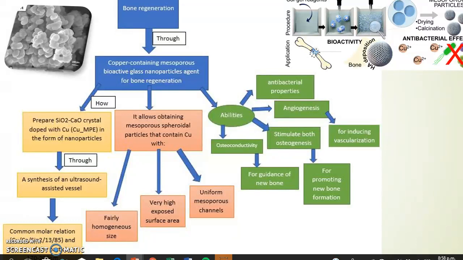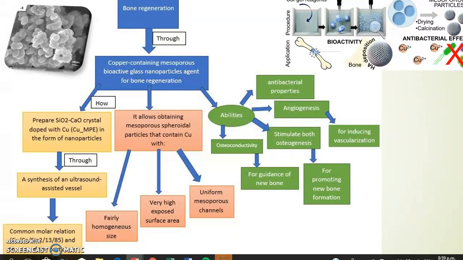An optimal composition is possible, though you can use other compositions, but the percentage of copper is important because if a high percentage of copper is used, the properties of the nanoparticles change, and for example the surface area decreases.